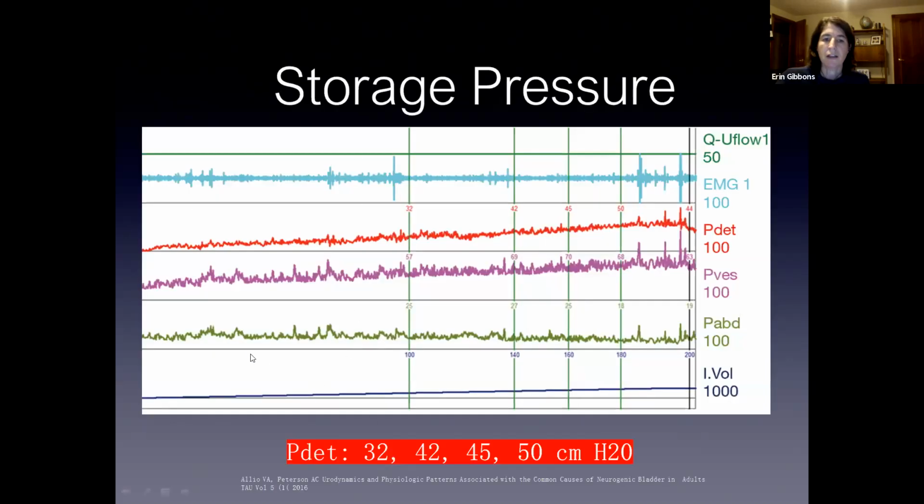So in this study here, we're going to look at the red line, which is the detrusor pressure. Again, our abdominal pressure is relatively flat, and you can see starting at 0 how it is just slowly increasing, and they've marked it here: 32 centimeters of water, 42 centimeters of water, 45, 50, and then 44 here.